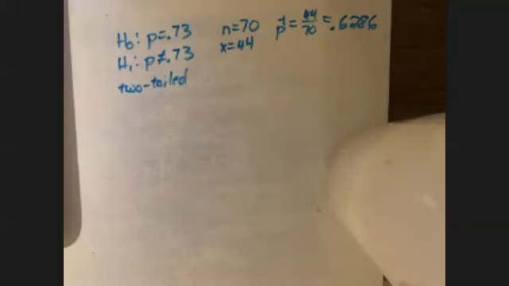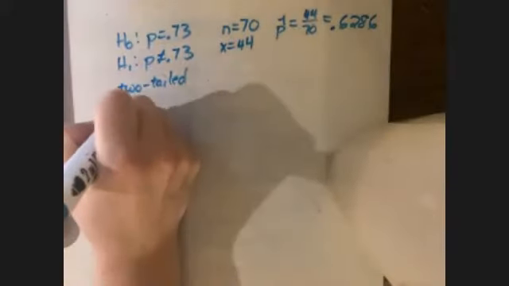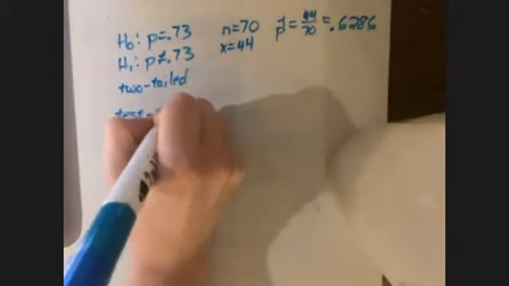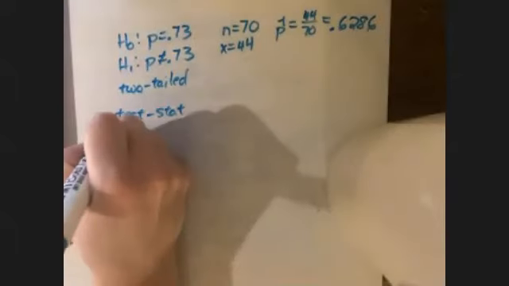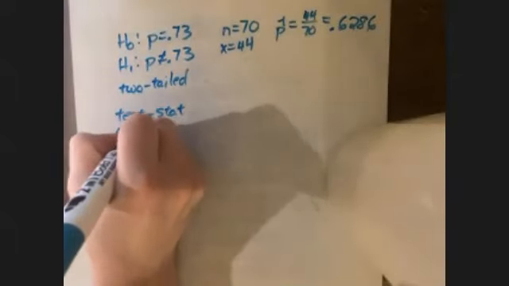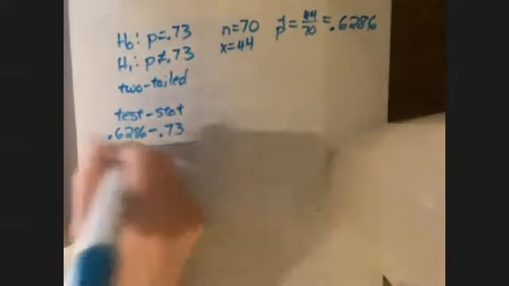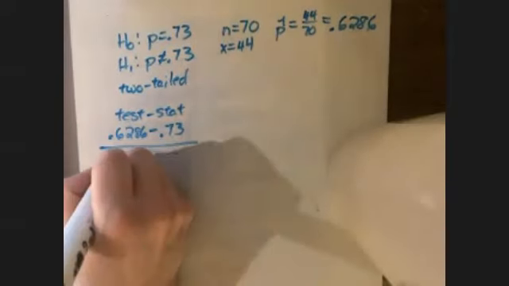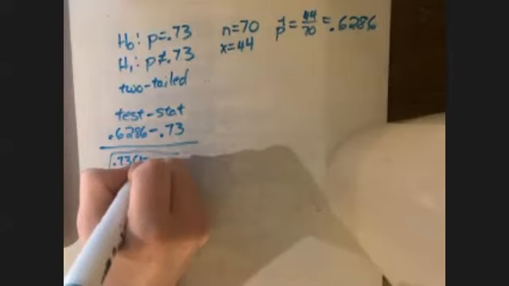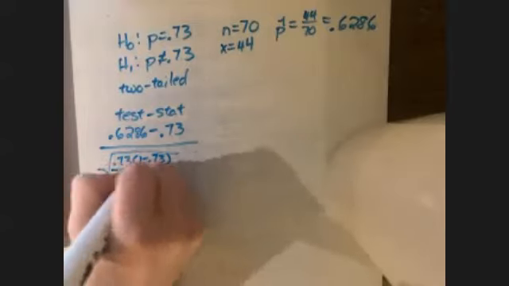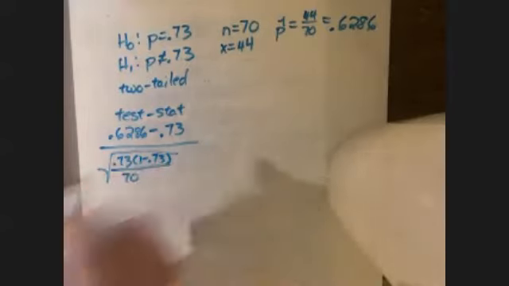Now we need to find our test statistic. So we've got 0.6286 minus 0.73, over the square root of 0.73 times 1 minus 0.73, over 70.